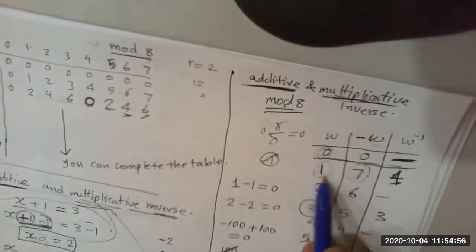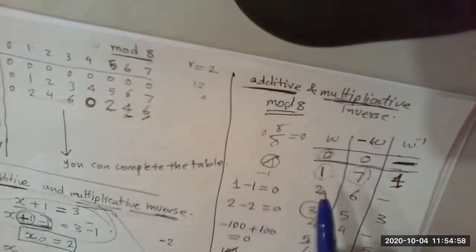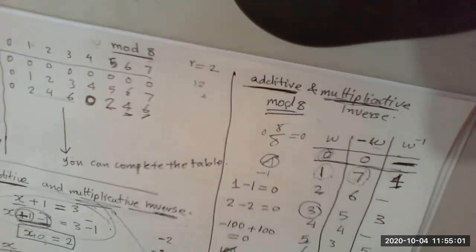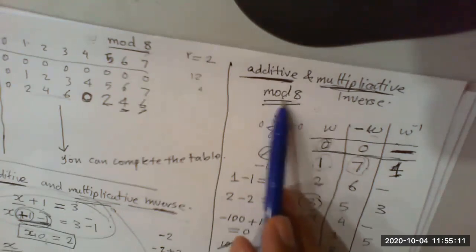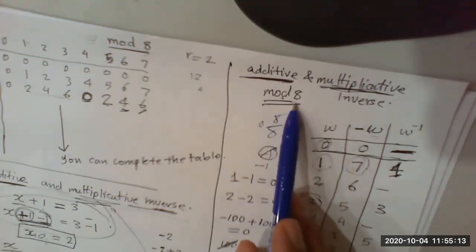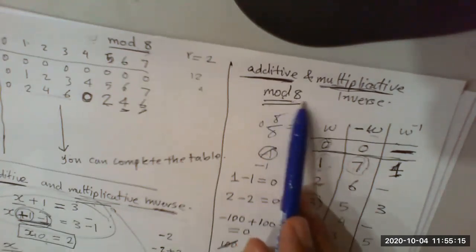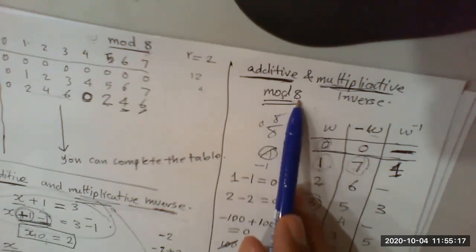Now, if I want to have an additive inverse for 1, this is not going to be -1. I'm not in primary school mathematics. I'm in cryptography or number theory. This is different because everything we divide, we get the remainder after division of some number. I have 8 here as the base of my division.